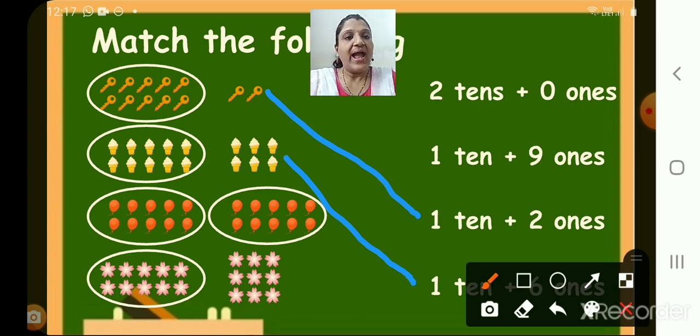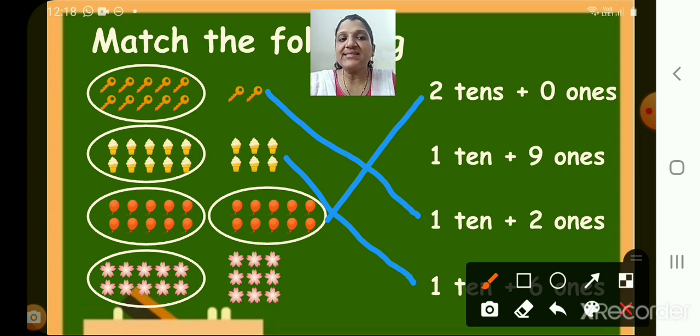So we call it as 2 tens, and there is no loose balloon. So it is 0 ones. Hence it is 2 tens plus 0 ones. Where do we find it? Yes, over here.